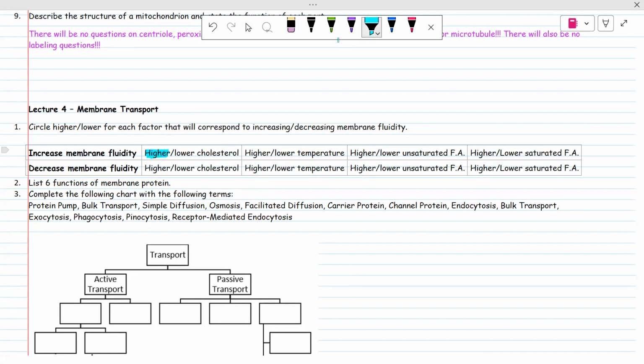More cholesterol. You stick more cholesterol into the membrane, the phospholipids are forced to be further apart, and so it's more liquid that way.